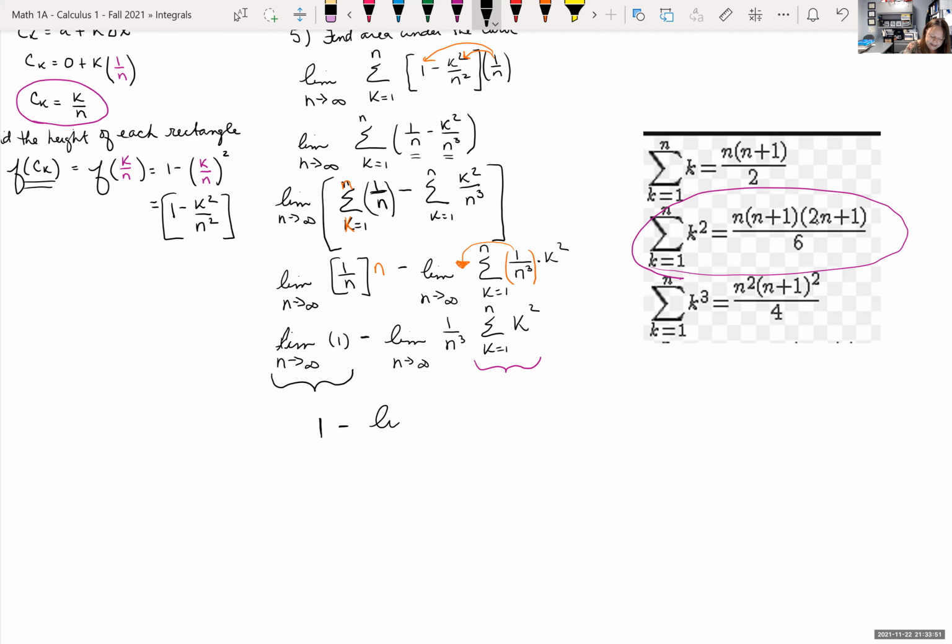minus the limit as n goes to infinity of 1 over n cubed times, so let's plug it in here. So we have n all times n plus 1 times 2n plus 1 all over 6.